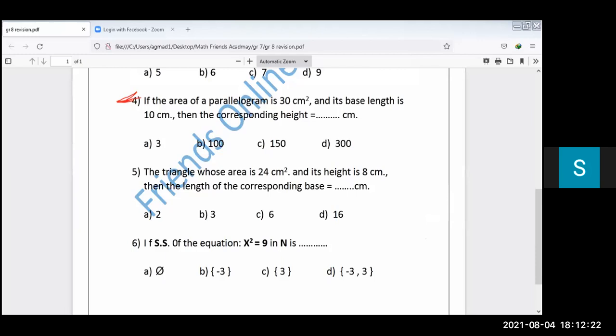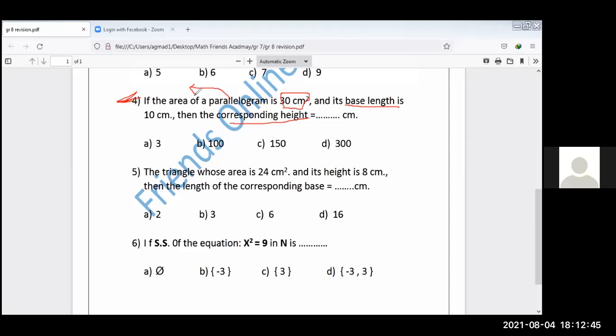Read. If the area of a parallelogram is 30 centimeters square and its base length is 10 centimeters, then the corresponding height equals? Remind me first, the rule of the area of the parallelogram.